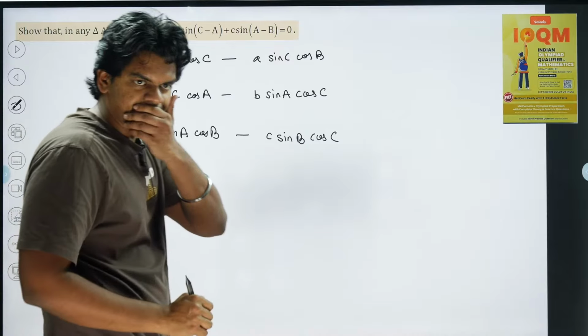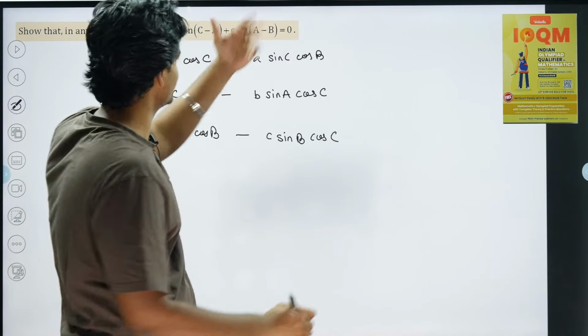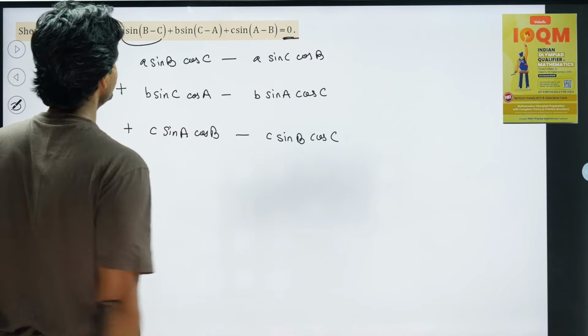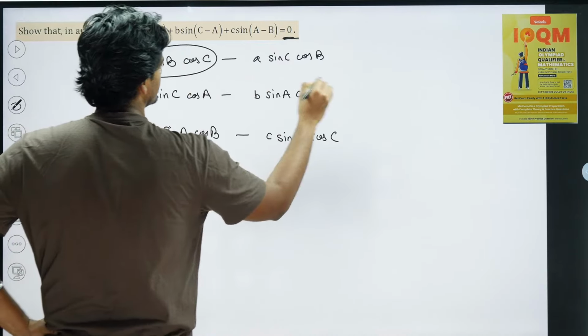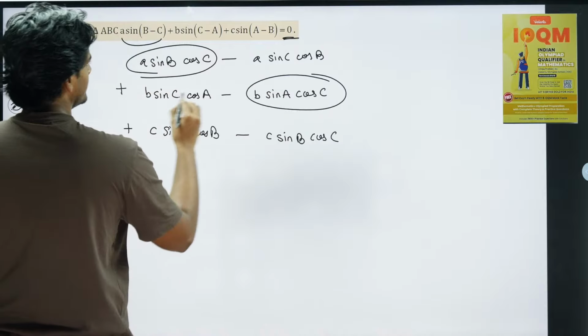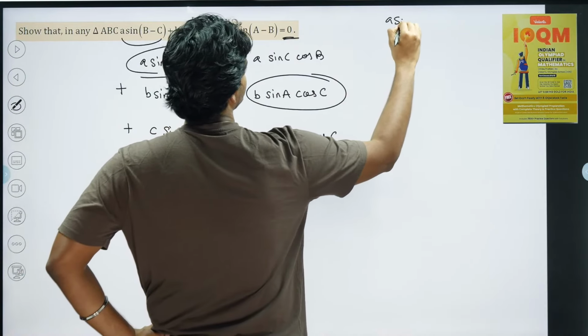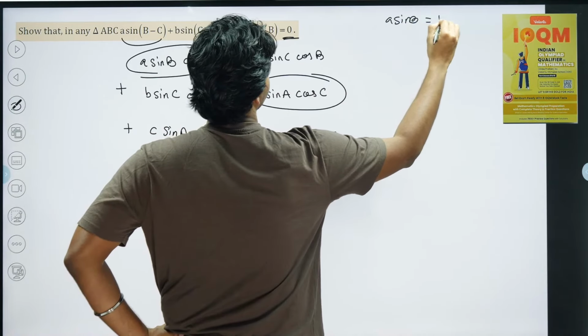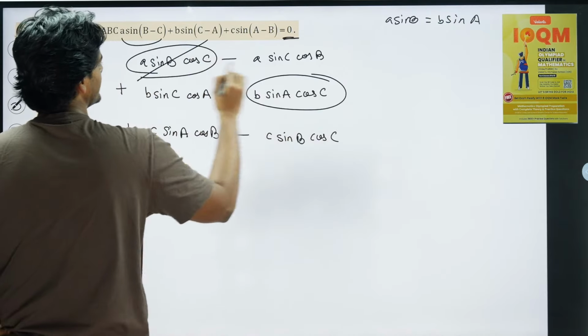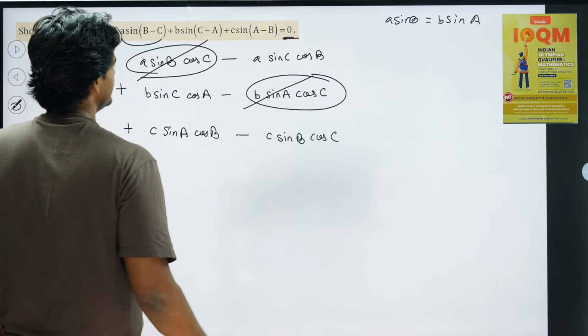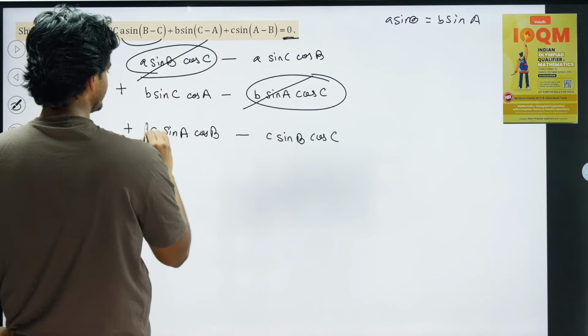Okay. Yeah, it is 0. 0 is given. It's very easy. Look at these two terms. We know that A sin B is B sin A. So these two will get cancelled. Similarly cos B, these two.